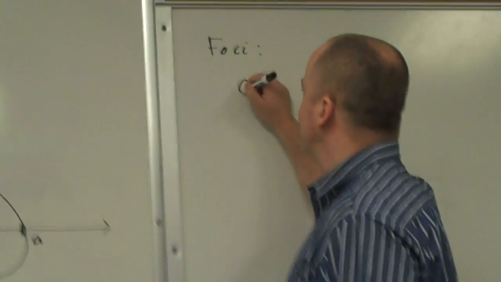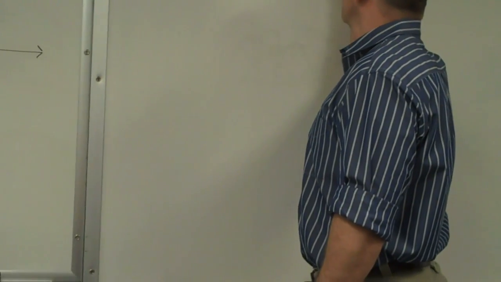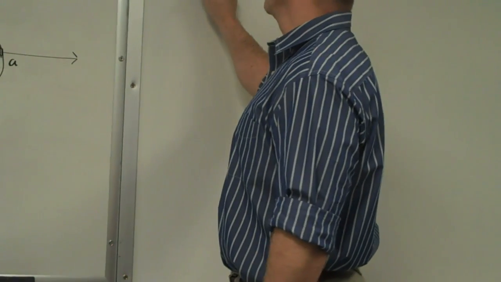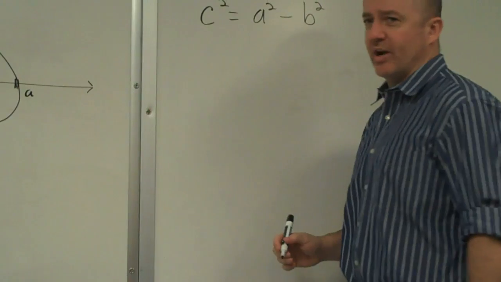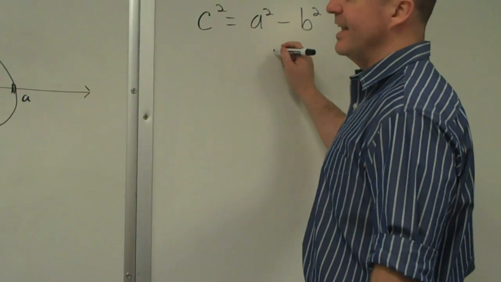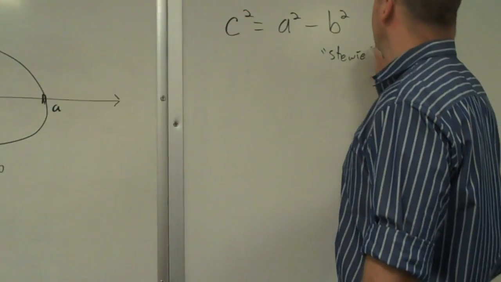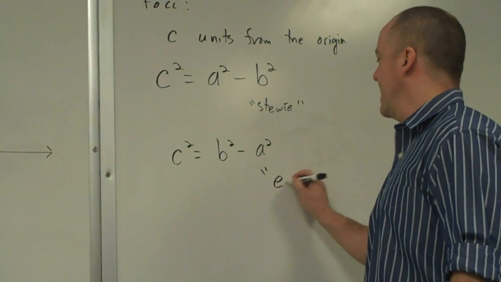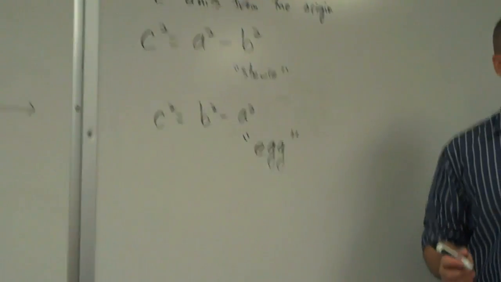The foci will be c units from the origin, where c squared is equal to a squared minus b squared if it is a Stewie, and c squared equals b squared minus a squared if it is an egg or potato or football head or Arnold.